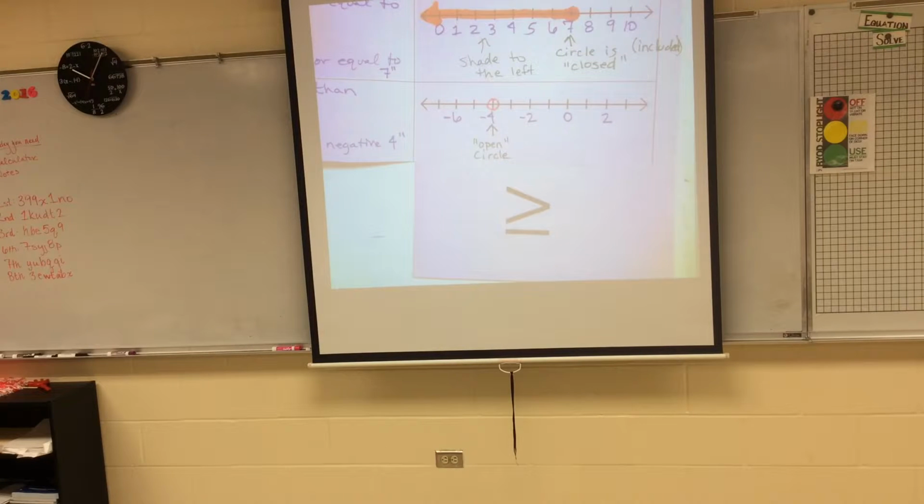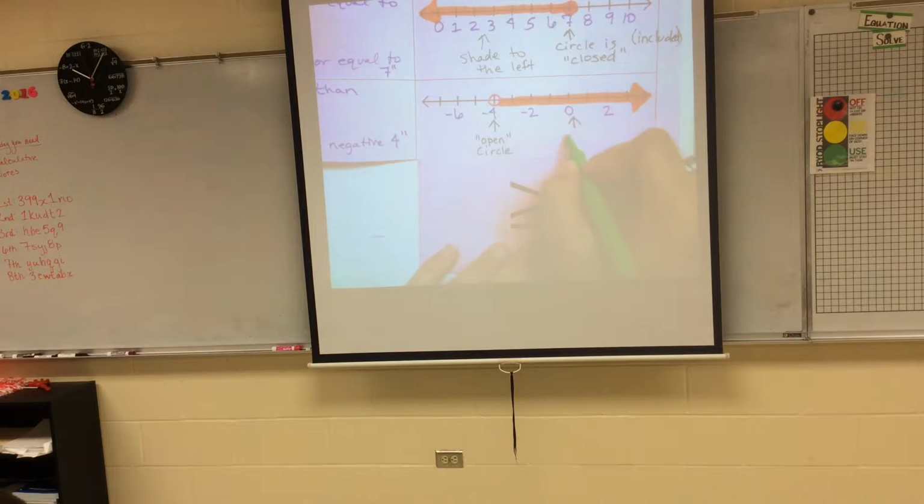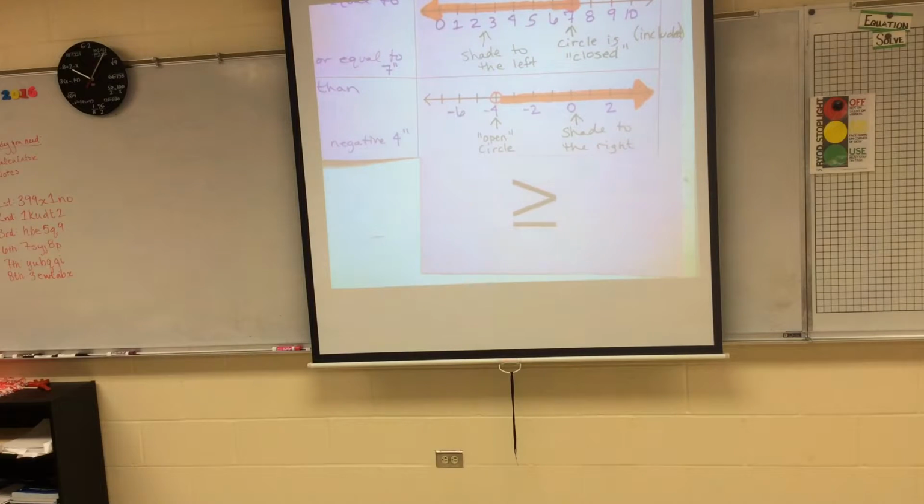To the right. Everything to the right is bigger. All right. And then I'm going to shade to the right.